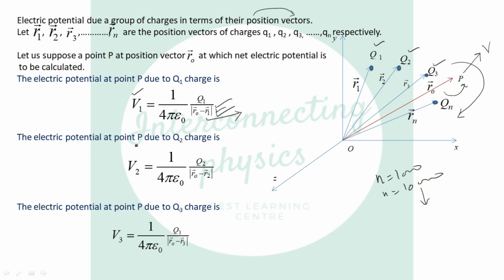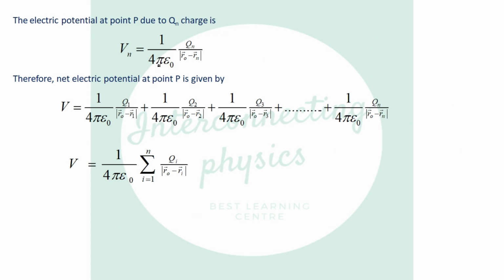Okay. Now, the electric potential at P due to Q2 will be 1 over 4 pi epsilon naught Q2 over modulus of R0 minus R2. Similarly for Q3, Q3 over modulus of R0 minus R3. And similarly for Qn, 1 over 4 pi epsilon naught Qn over modulus of R0 minus Rn vector. So the net electric potential at P, we will add all the potentials V1 plus V2 plus V3 and so on plus Vn.